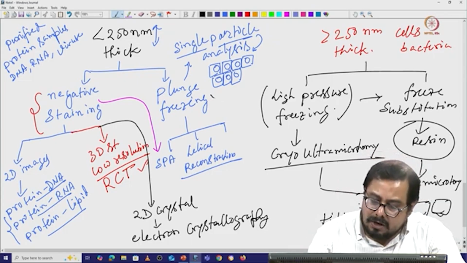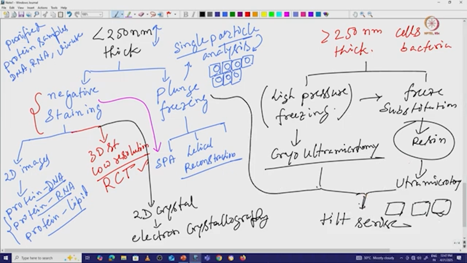Now, electron tomography you can use for these samples also: a bacteriophage or normal phage, or a liposome with embedded protein where you want to do the tomogram. You can use this also as a tomography sample. I will show you a couple of examples when we discuss data processing and 3D reconstruction of this tomography sample.